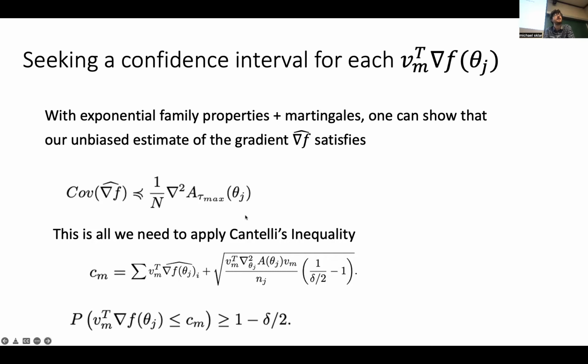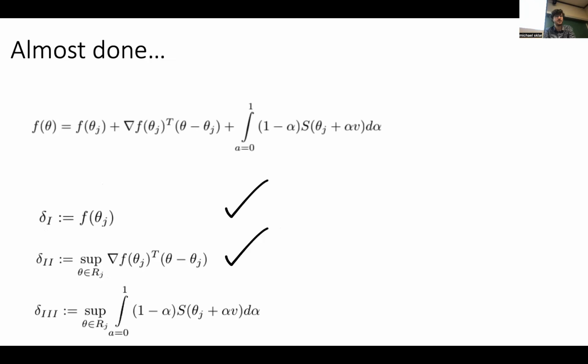I require here that we have some upper bound on the sample sizes as well. That tells us we can't sample more than, say, 200 individuals from each arm of the clinical trial. If you have that, you can use exponential family and martingale properties to derive something like this. With variance and unbiasedness, you can get Cantelli. You can get an upper bound. You do that for one corner, you put it in your computer, and it does it for all 2 to the d. And that's our second term. Checked off.